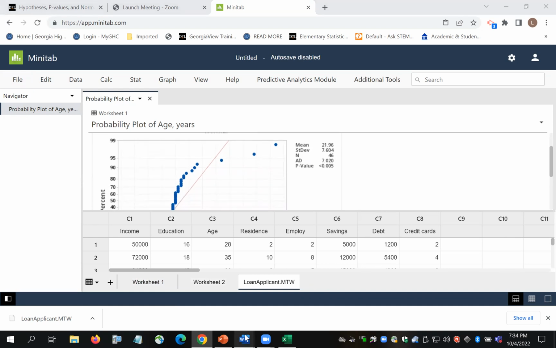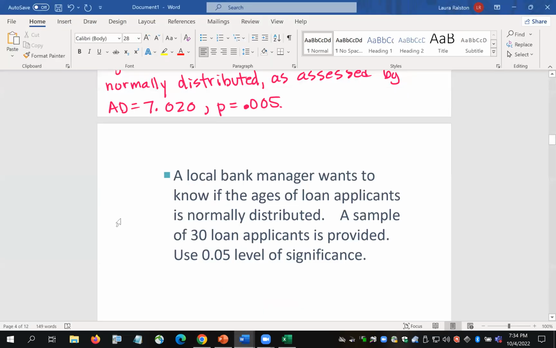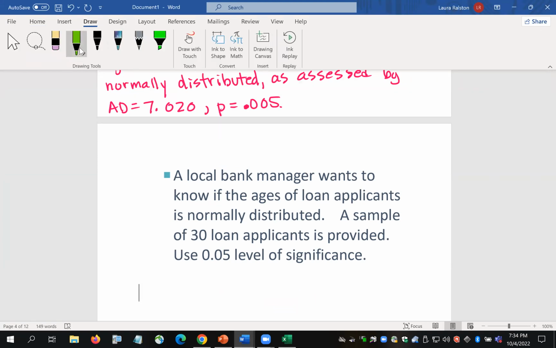Okay. So let's walk through this question again. If you want to be real formal about it, and again, this is really not part of the question, but if you wanted to be formal, the question is, are the ages of loan applicants normally distributed?